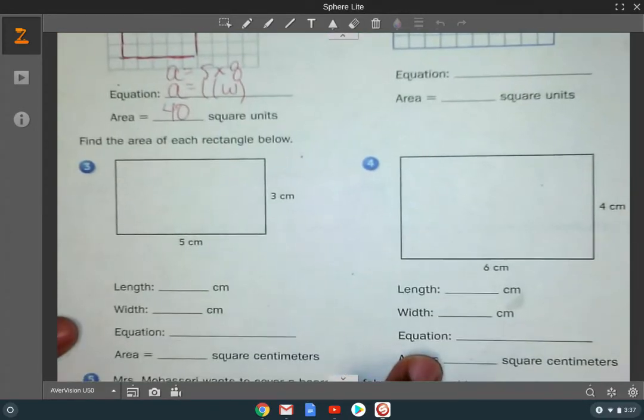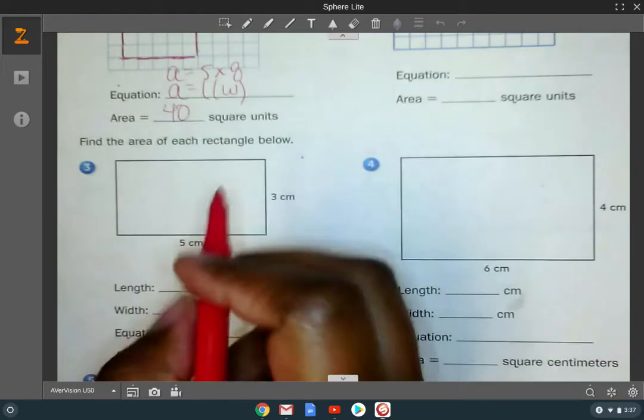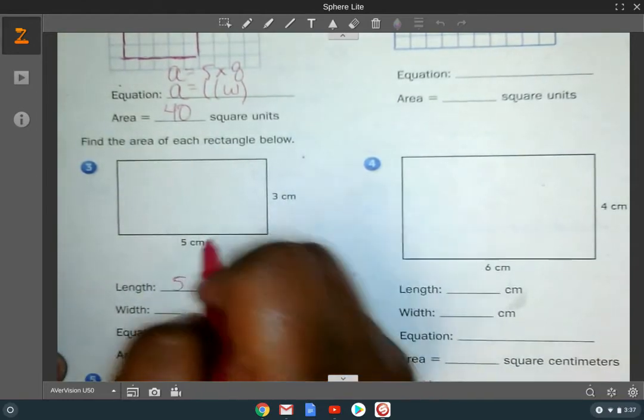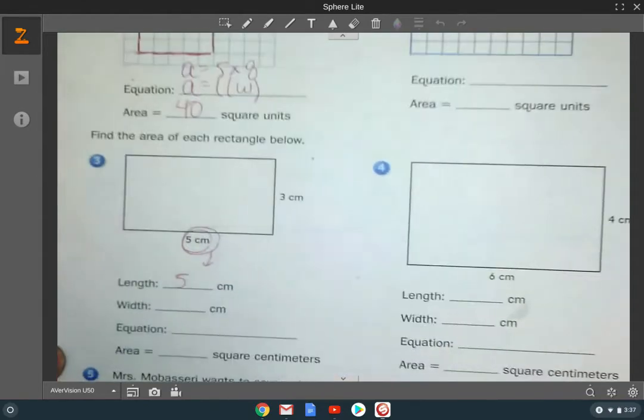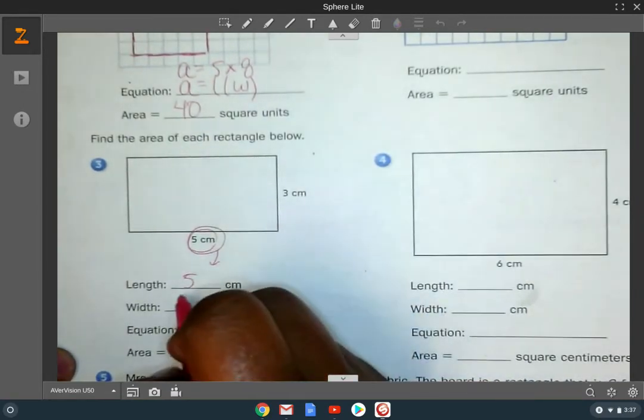For number 3, we are going to find the area of the rectangle. What is the length for number 3? Yes, 5 centimeters. There it is. And what is the width? Yes, 3.